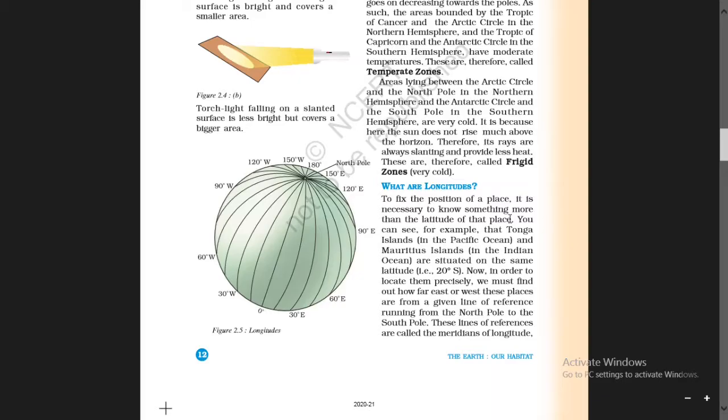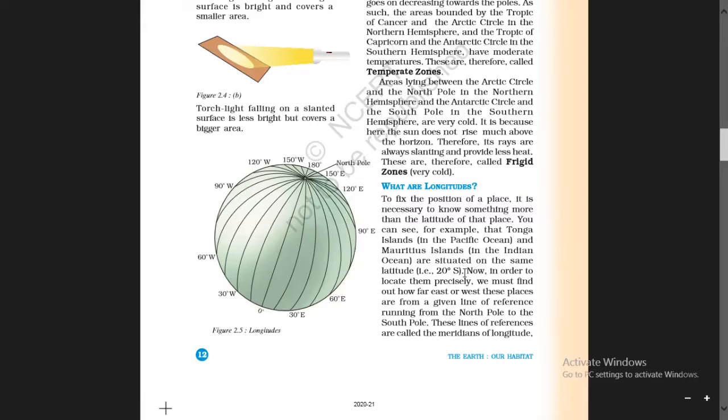For example, the Tonga Islands, in the Pacific Ocean, the largest ocean in the world, and the Mauritius Islands in the Indian Ocean are situated on the same latitude, that is 20 degrees south.